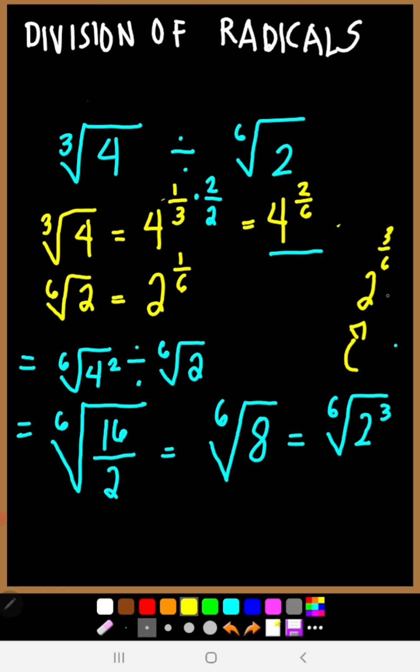Or, this is 2 raised to 1/2. Diba? So, ang final answer natin will become square root of 2. Ayan.